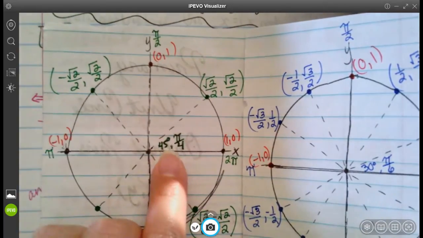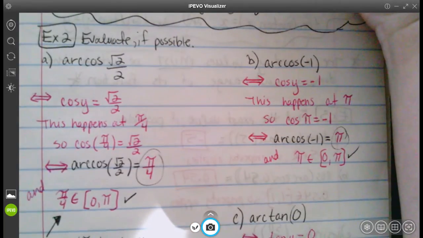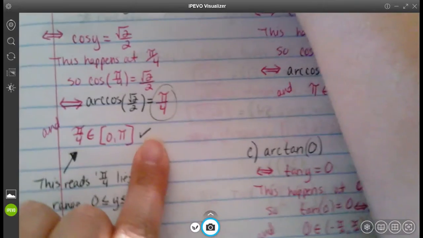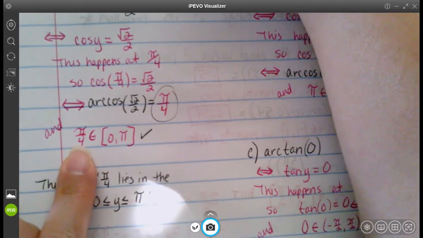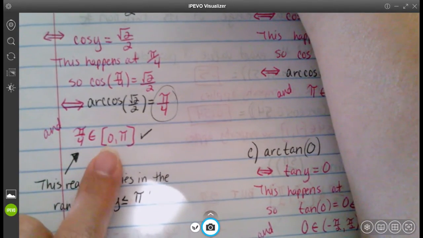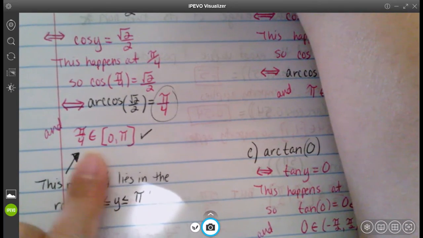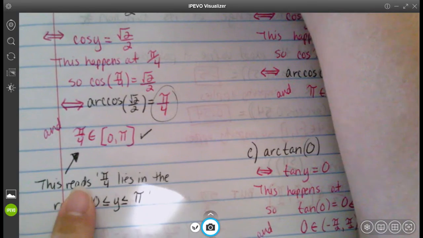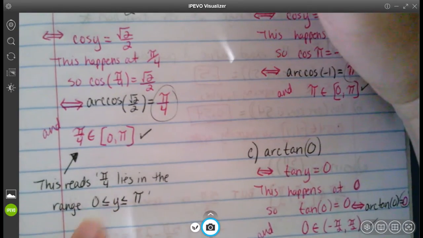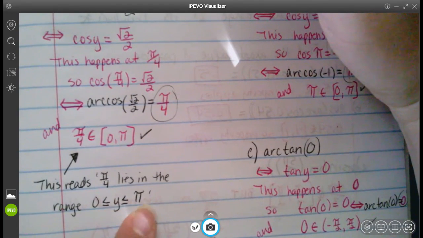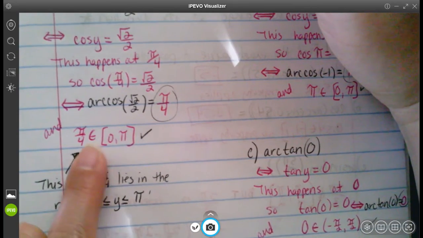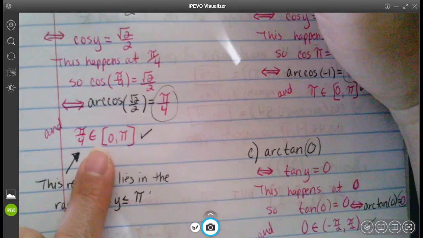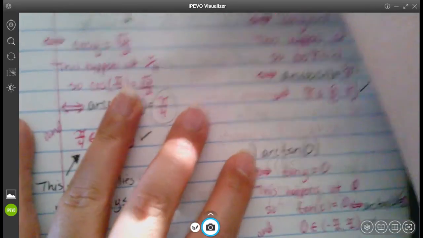So a quadrant 1 at pi fourths, there's my answer. And this does make sense because pi fourth is within the range of this function. This little notation here is just a really fast way of writing it, so you don't have to write the whole sentence. It reads pi fourth lies in the range of 0 to pi of y. That's it for that one.